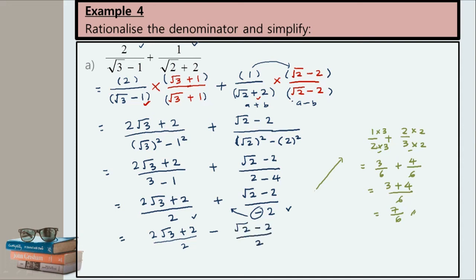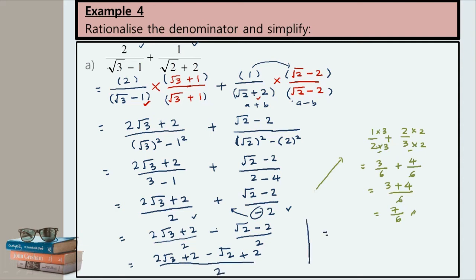Maksudnya sekarang ni denominator dah sama, jadi kita boleh gabungkan dia. So 2 surd 3 plus 2 minus surd 2, negatif times negatif plus 2 over 2.